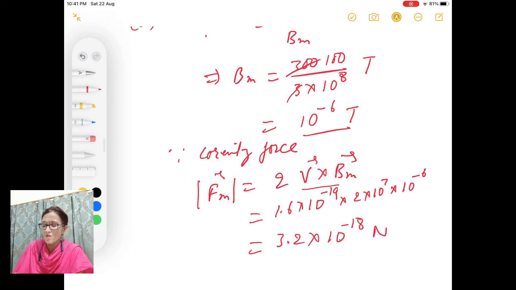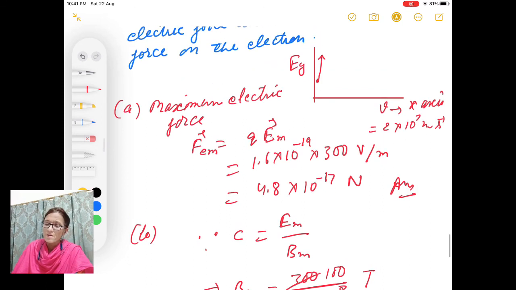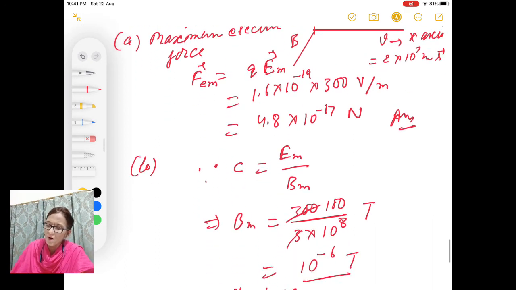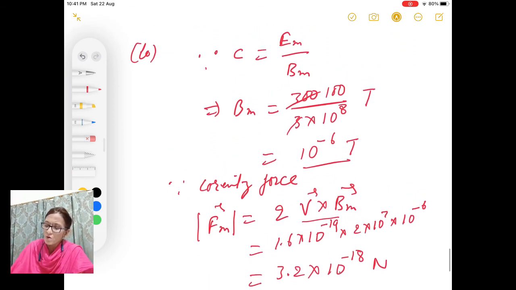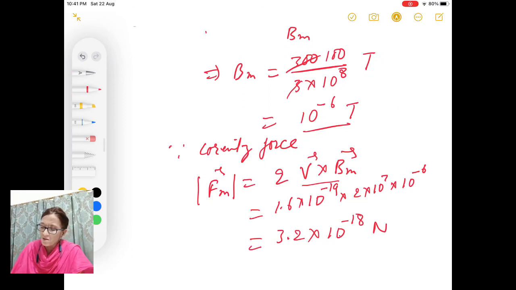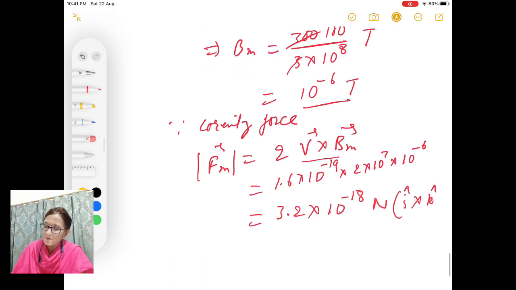Now the direction of force. You have the magnetic field along this direction, and the direction of the force can be obtained by the cross product of V and B. So this is your i cap cross k cap, and this is your minus j cap.